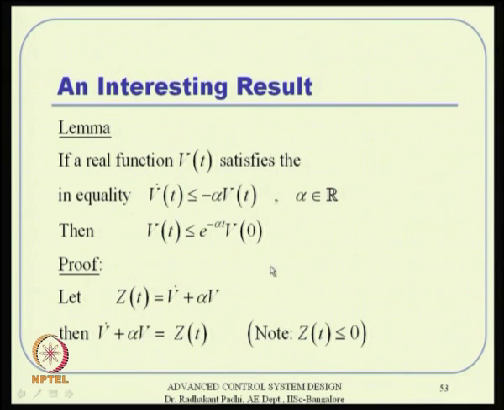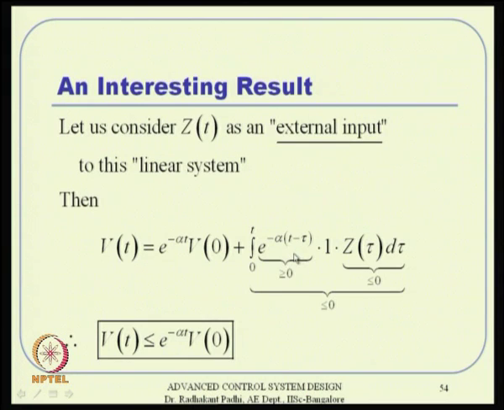Then I can solve it like a linear system equation, and it turns out that this integral thing is less than or equal to 0, and this is always greater than or equal to 0, a positive integral sort of thing. So the entire thing will be less than or equal to 0, and hence V of t will always be less than or equal to 0.